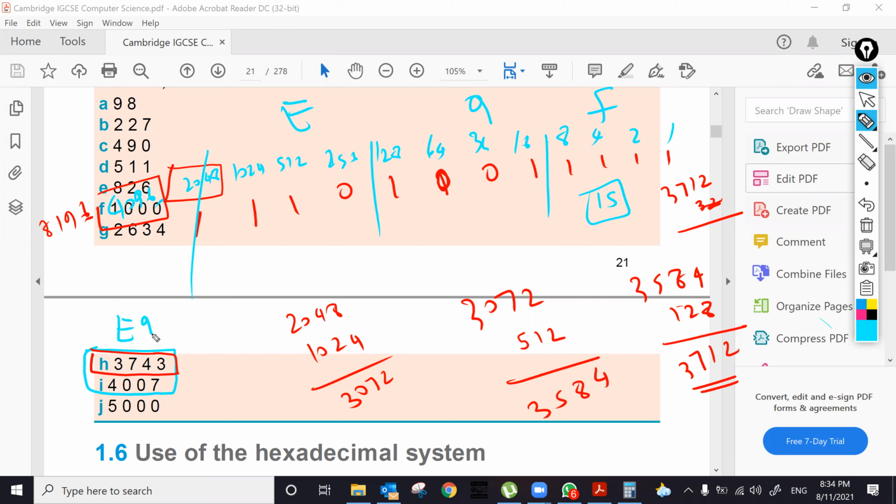E9F here. Yes, sir. Okay, good. What about this one? 4007? Sir, I'm still doing that one. Okay. No worries.